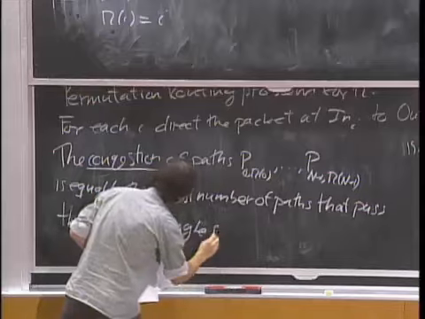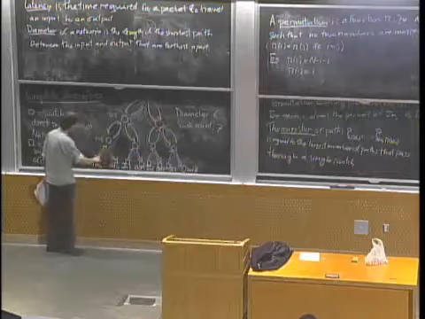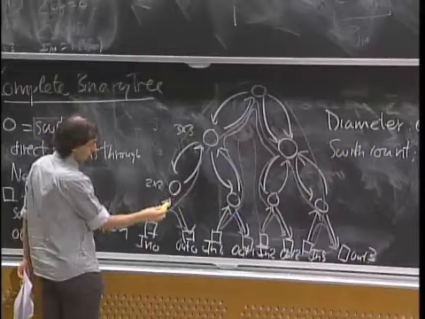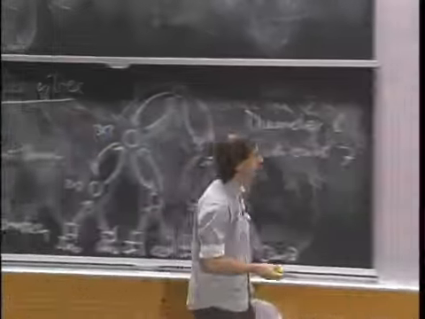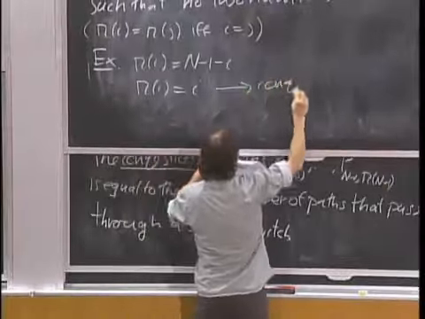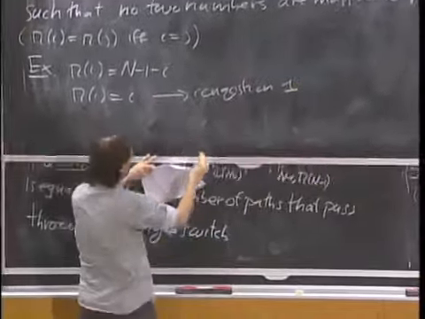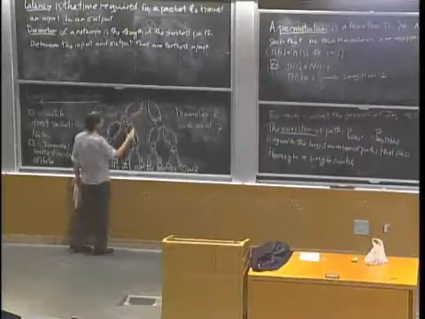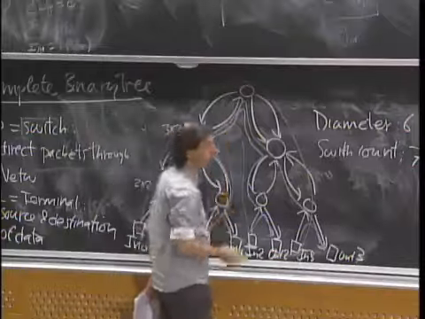So in our example, we saw that in the case of the blue arrows, for the identity permutation, this switch only needs to transmit 1 packet, and the others 0 packets. So the congestion here is equal to 1. And for this particular permutation, we had to direct all the packets through the root, and that's the most accessed switch, and that switch has congestion 4, right?